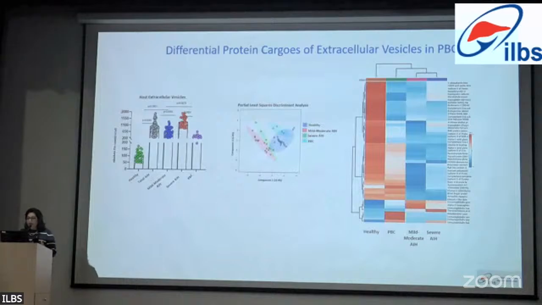So when we looked at the protein cargoes of the extracellular vesicles in PBC, this was also different between mild, moderate autoimmune and PBC. If you look at the expression profile, this is healthy, this is PBC, mild and moderate. These are absolutely different cargoes. So we thought, can we make a panel of EV cargoes which can differentiate between PBC and autoimmune?